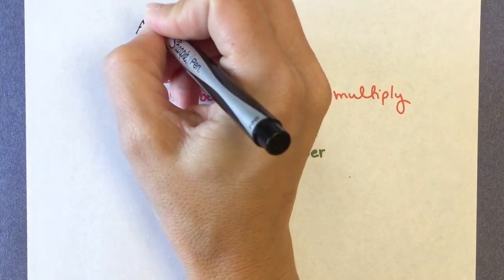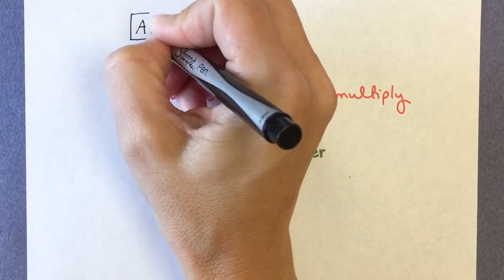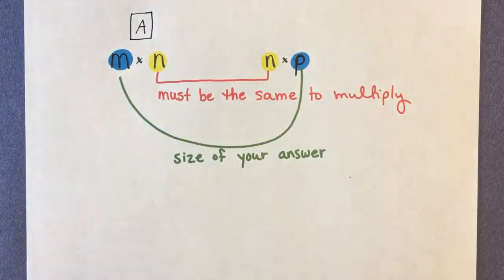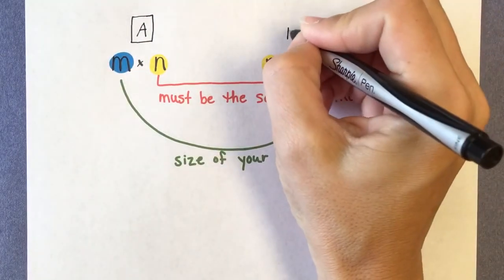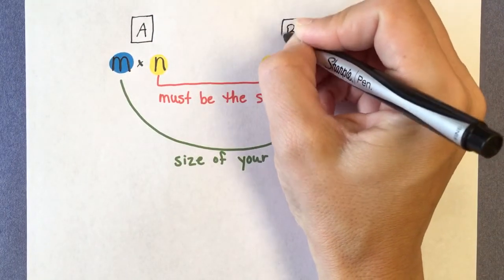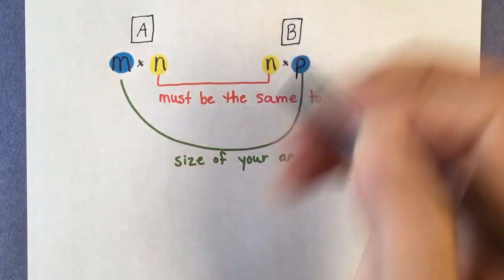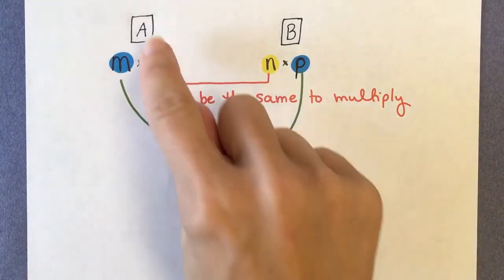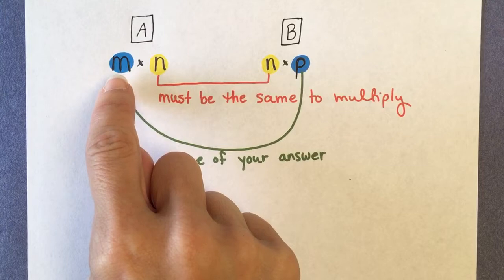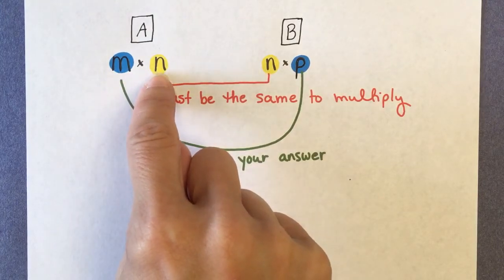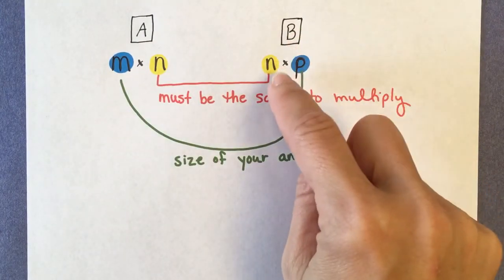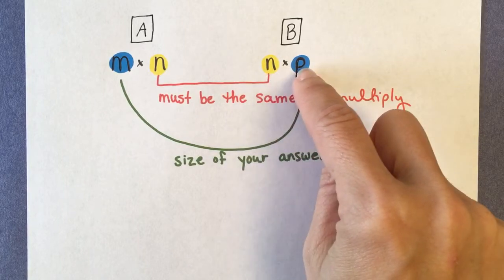So let's call this matrix A. A lot of times they'll just use capital letters like this to represent a matrix. And this is going to be matrix B. Okay? So matrix A has a size of m by n. Matrix B has a size of n by p.